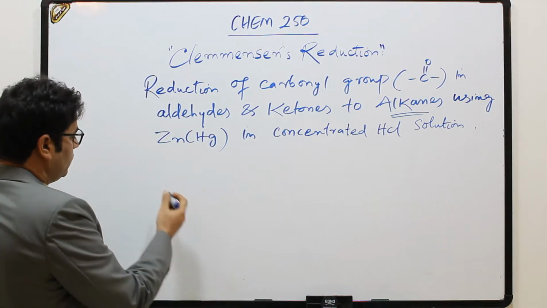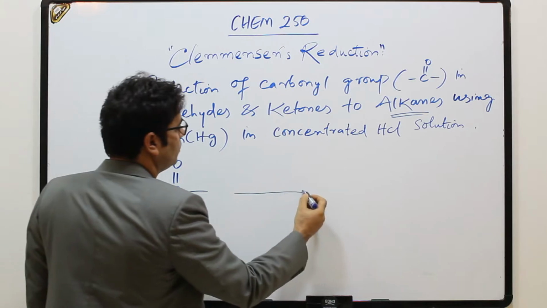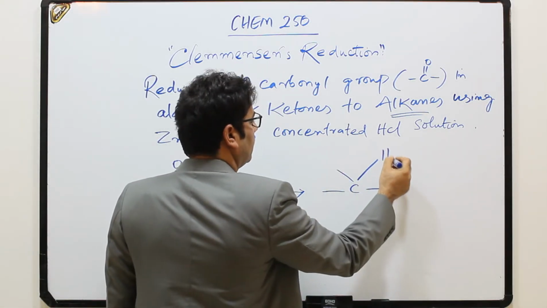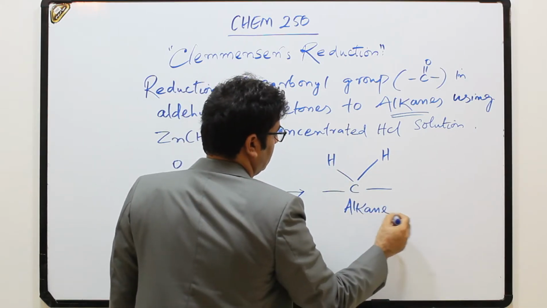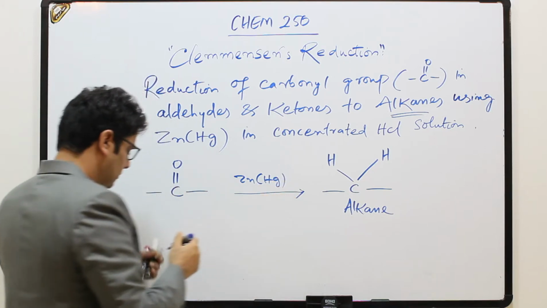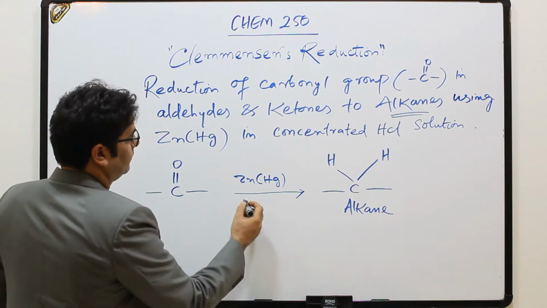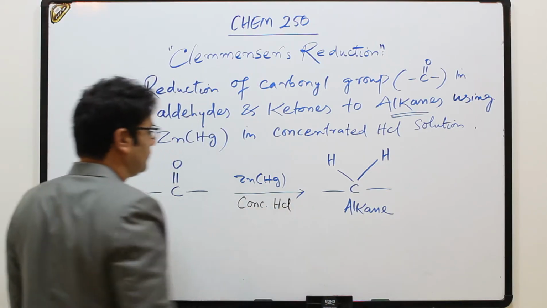So here what we are doing, the carbonyl group will be changed to alkane hydrocarbons by using zinc mercury amalgam and concentrated HCl.